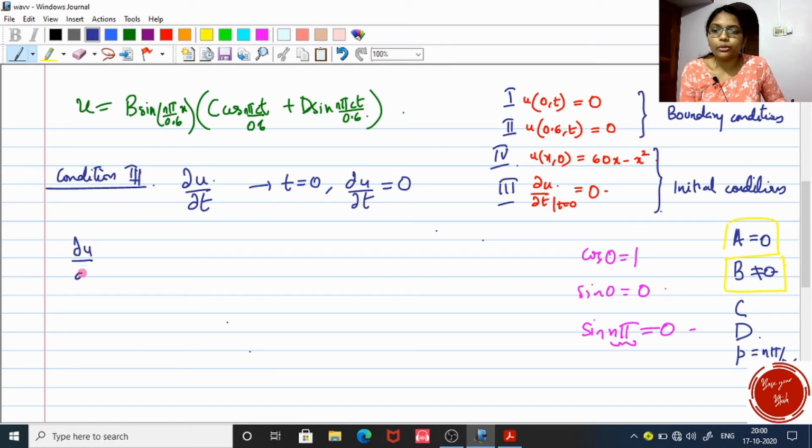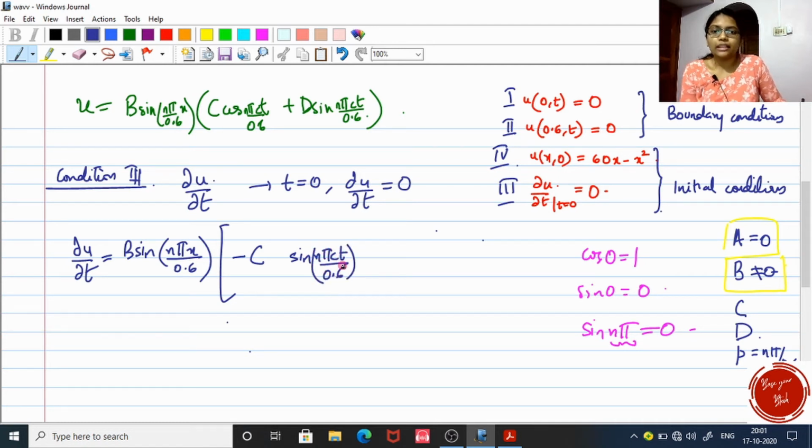Dou u by dou t equal to, this part becomes a constant because we are taking the derivative with respect to t. And now c cos n pi c by 0.6t. Derivative of cos is minus sine. So minus c sine n pi ct divided by 0.6.